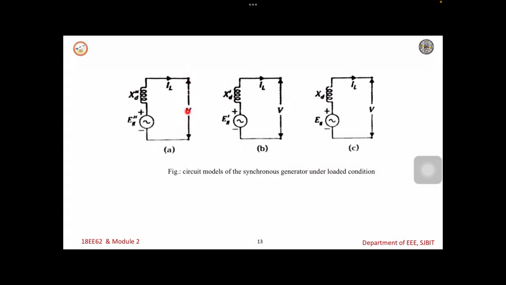If you connect a load across the generator terminals, current flows through it.